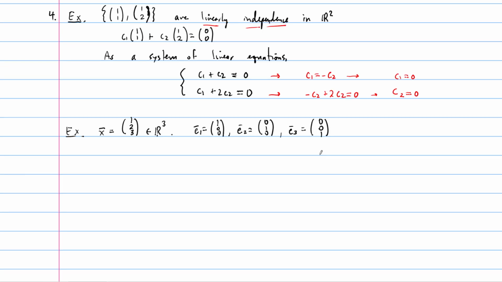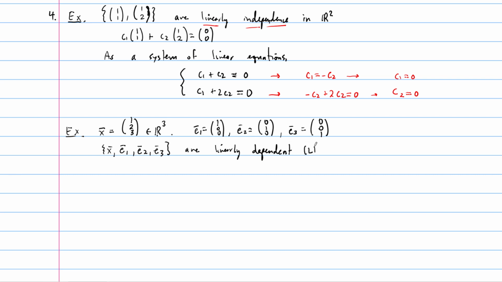I claim that these are linearly dependent now. So can we see this, right? Do we agree? Well, let's think about it. So x, E1, E2, and E3, again, I claim these are linearly dependent.